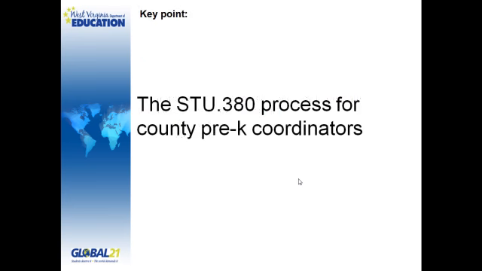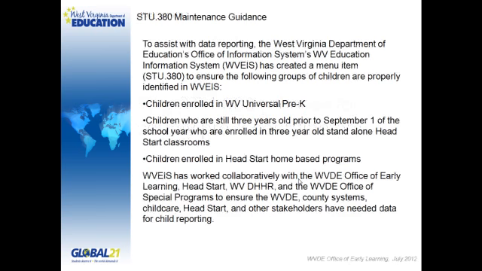So now we're going to talk a little bit about STU 380 and the process for county pre-K coordinators. Many of you have seen this before. If you're a county pre-K coordinator, some of you live this often as part of the pre-K child assessment system. We know that a menu item has been created in WVEIS to help maintain and identify children properly in WVEIS to assist with completion of the West Virginia Pre-K Child Assessment System.